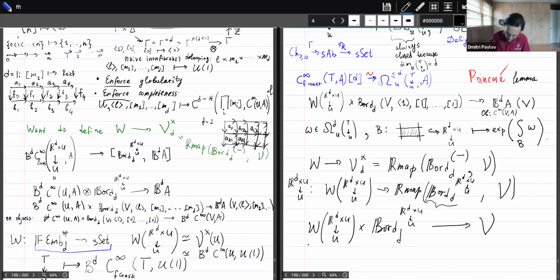Where here, notice this is just a simplicial set. And where this gadget is complicated, it's a smooth symmetric monoid going into D category, but it is in particular a simplicial presheaf. And so every value of the simplicial presheaf can be multiplied by this value here using the usual Cartesian product of simplicial sets.